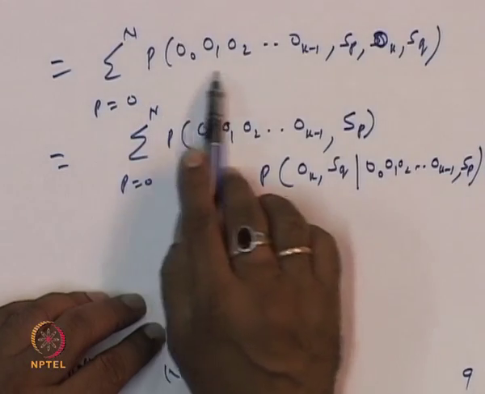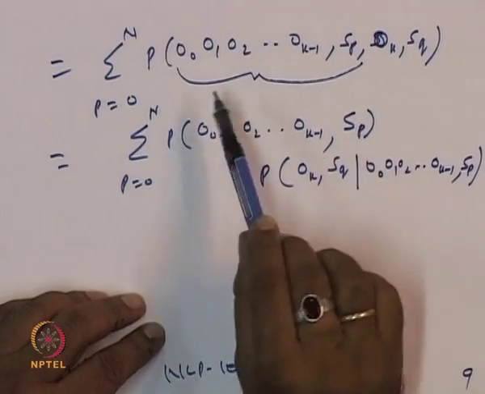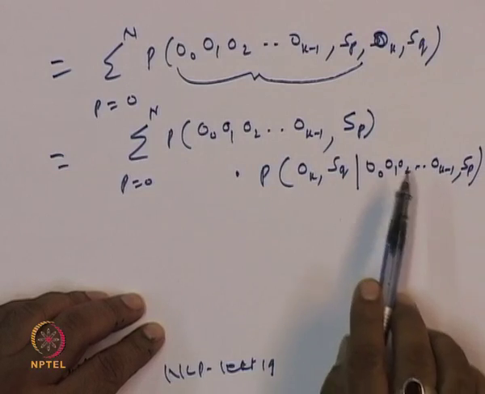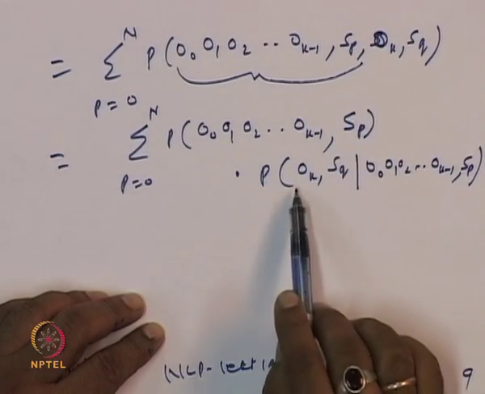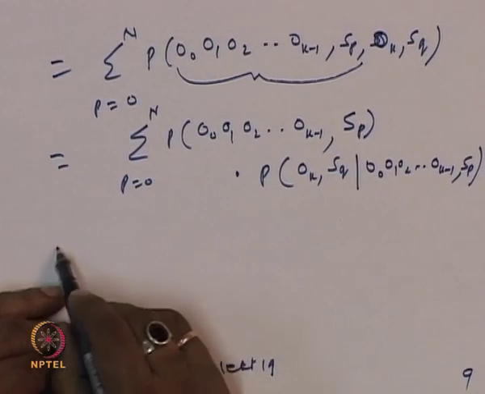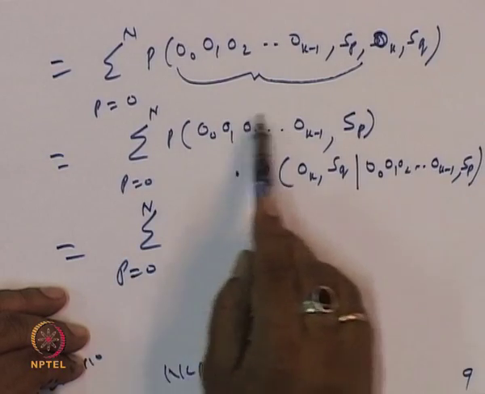I have taken out this particular part, and I take this part as the conditioning entity in the next probability, which is multiplied. Now, P equal to 0 to n, this probability is familiar to us.